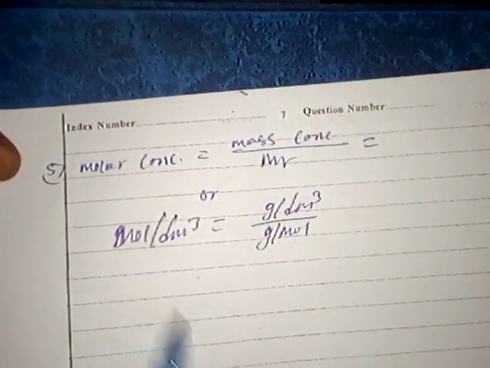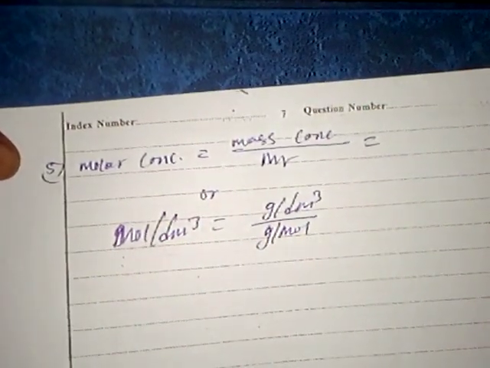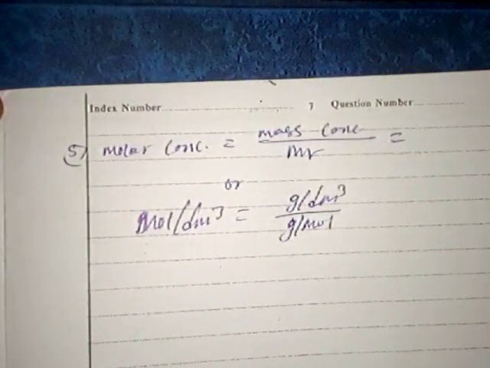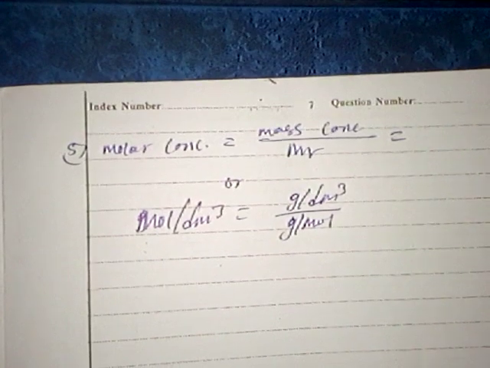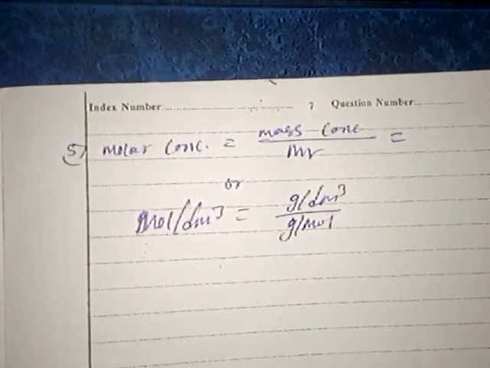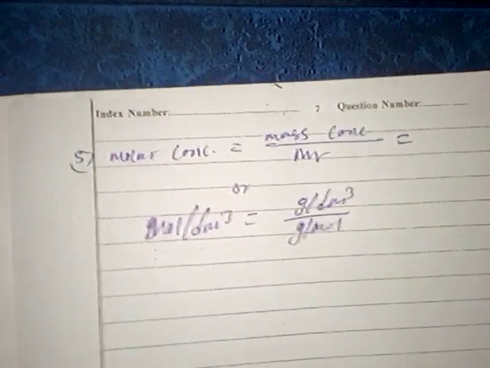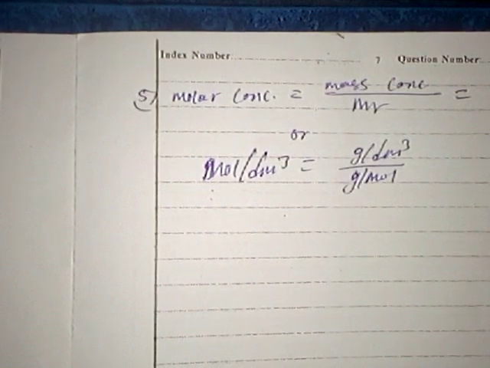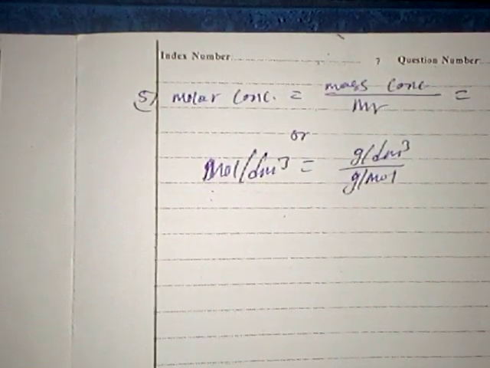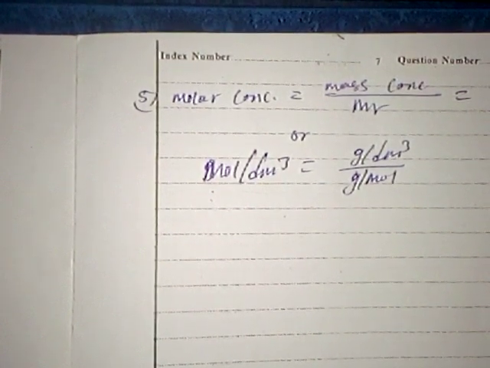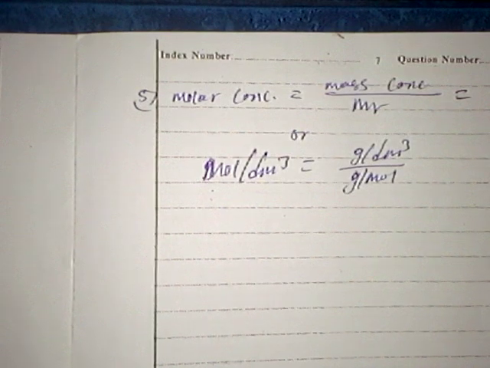You see it? It can also be expressed this way. So this is the fifth and the last formula we'll be discussing in this video, which you must understand. In the next video, I'll be talking about percentage impurity, solubility. Do you see? Good. Now, these five formulas, I want you to understand them. We'll be using different formulas just to arrive at a particular quantity that the question asks us. So you must be able to understand these five formulas and how to use them.